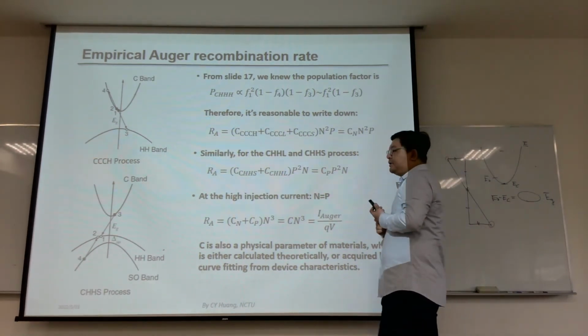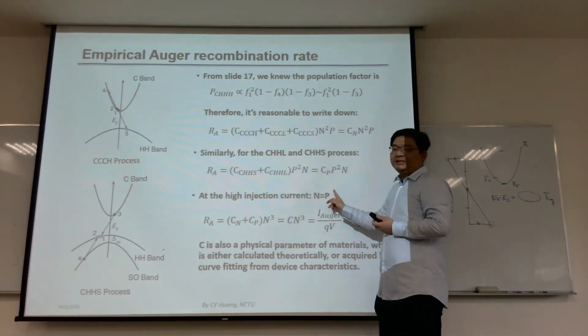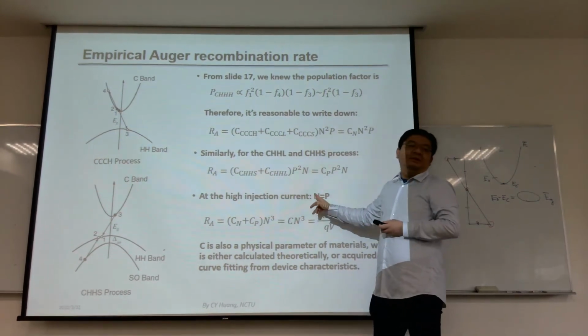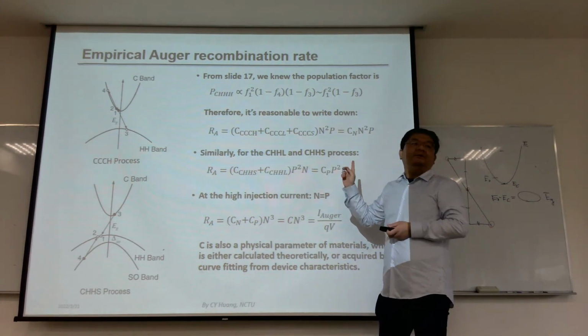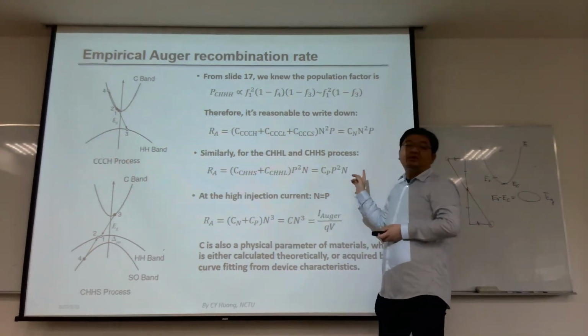Empirically, we will just further assume that N should be equal to P, or charge neutrality.